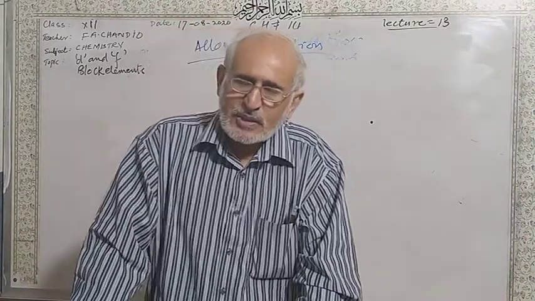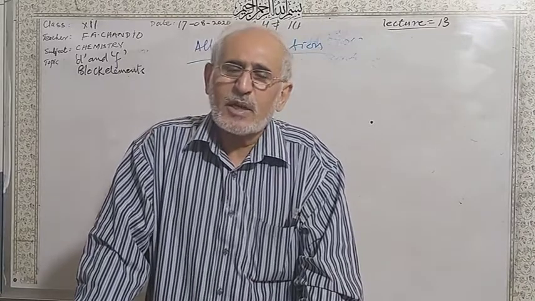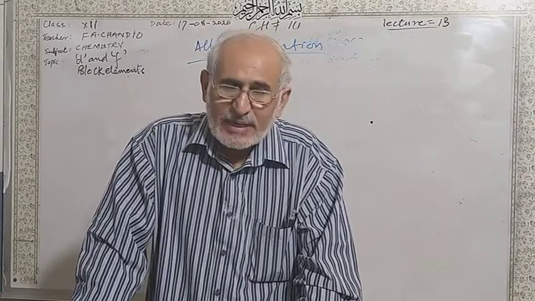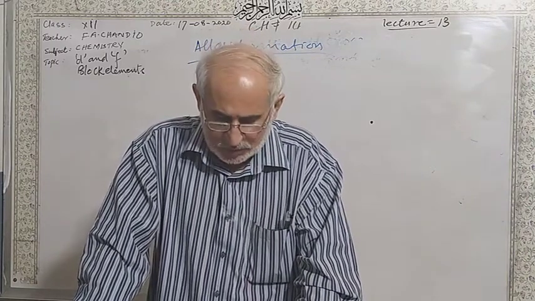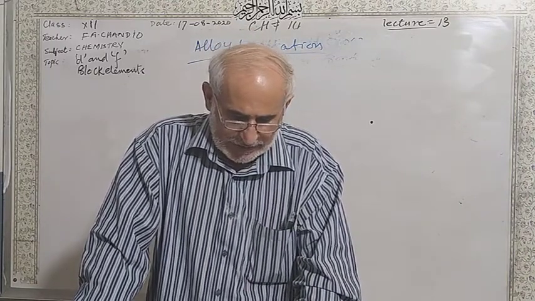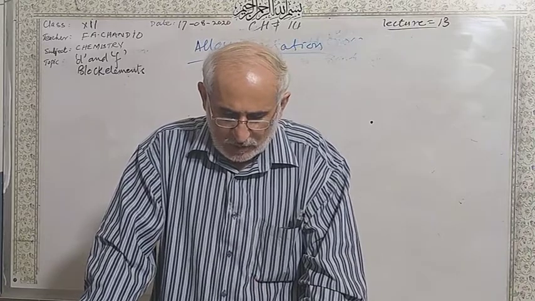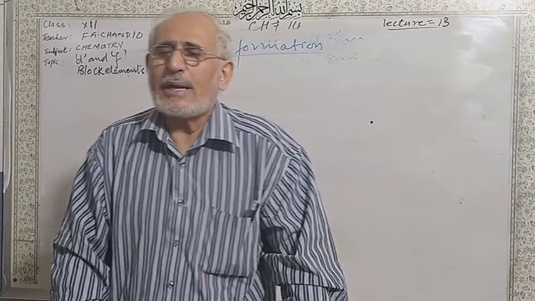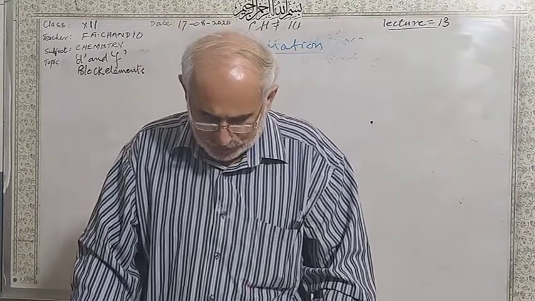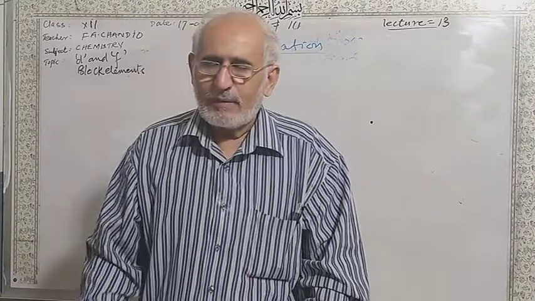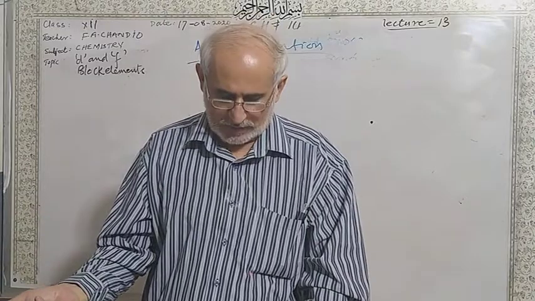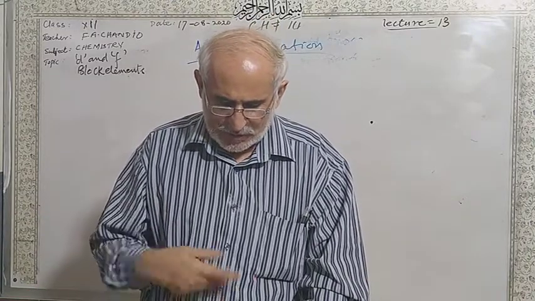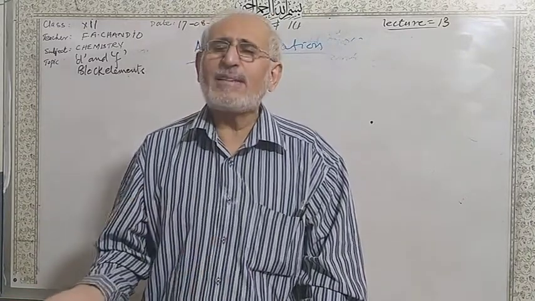Reason: the transition metals mostly have similar properties and similar atomic sizes, so they easily take up positions in the crystal lattice. They form substitutional alloys. What is a substitutional alloy? Other elements substitute the iron, substituting among themselves.